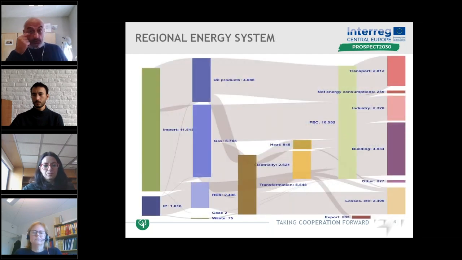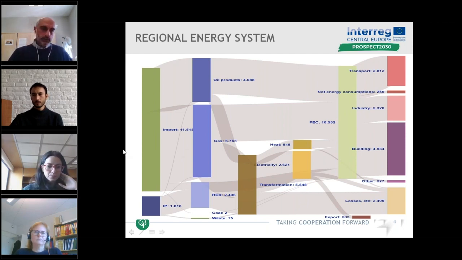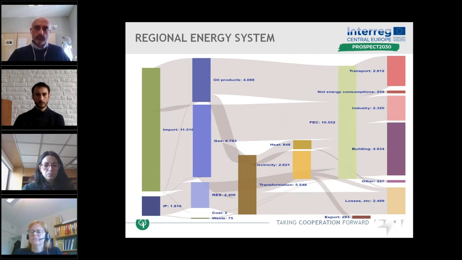Okay, here is just a picture of the energy system of the region. I will not go into detail of that, but just want to point out some important information to pick up some peculiarities of our region. So we can see that most of our primary energy is based on import, and we have just internal production of renewables, I would say solar and biomass and hydropower, as we don't have wind, for example.